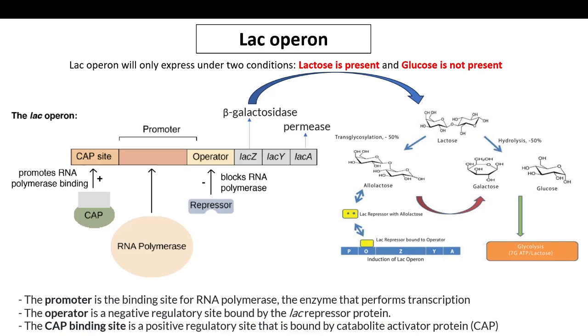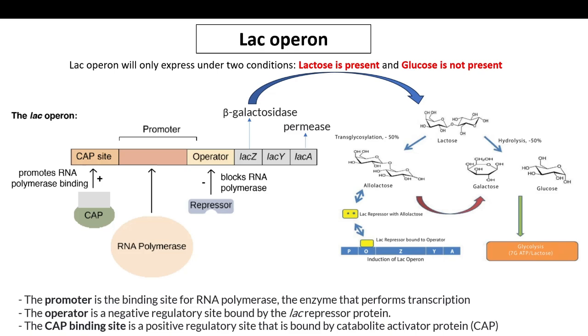But the problem arises when glucose is not present, or is present in minimal quantity, whereas lactose is present or is the main carbohydrate source for the bacteria. In that scenario, the bacteria wants to survive by utilizing lactose and somehow breaking it down into glucose, because lactose is a disaccharide formed by D-glucose and D-galactose.